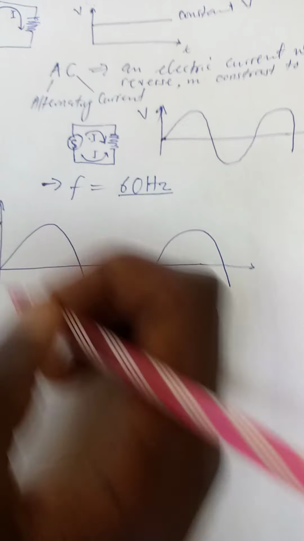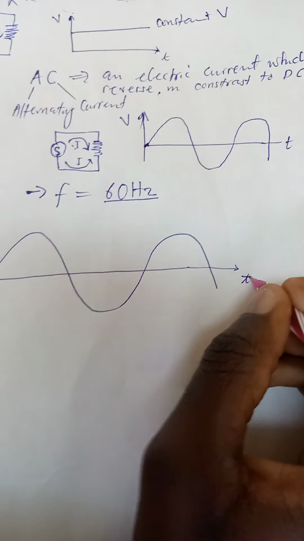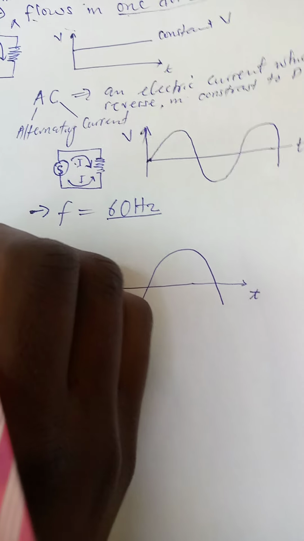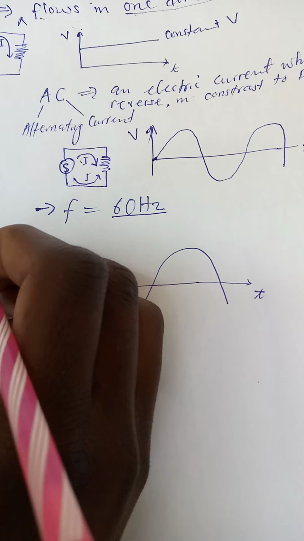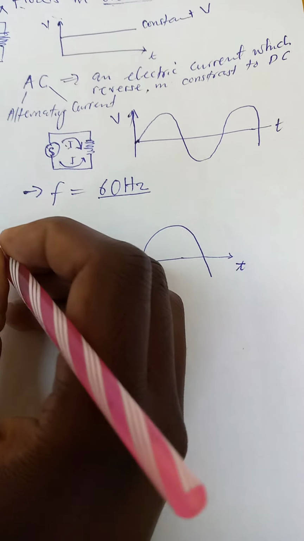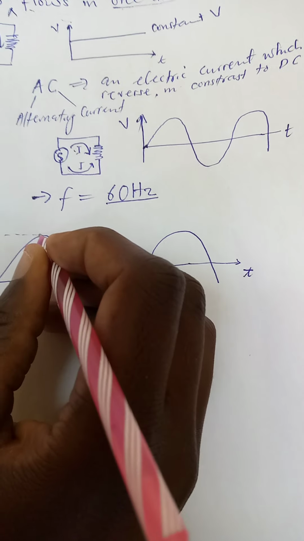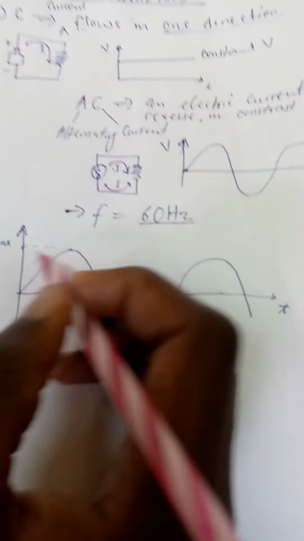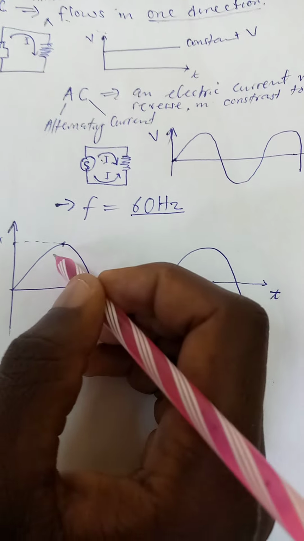So this is my graph of AC. This is time. This is voltage, which I'll just say this is voltage maximum. So this point here is a maximum voltage.